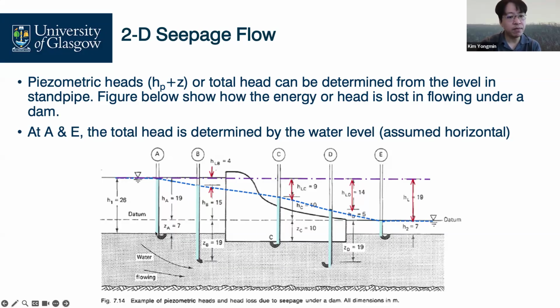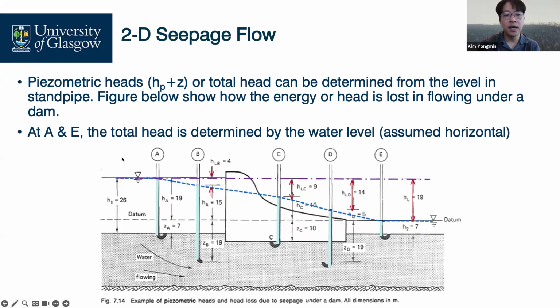And then at your standpipe at certain points, you have certain readings. We assume that this is our datum. From here to here, our total head. Here to here, total head. Here to here, total head. Our total heads gradually decrease, right?